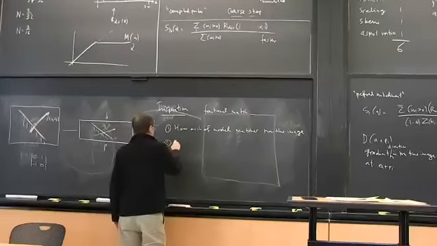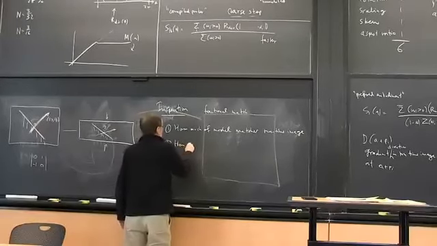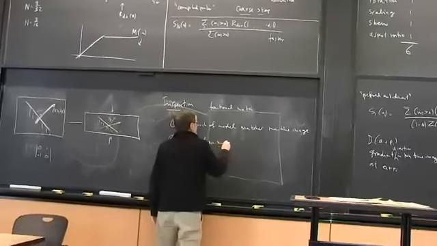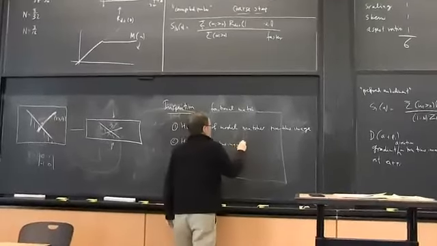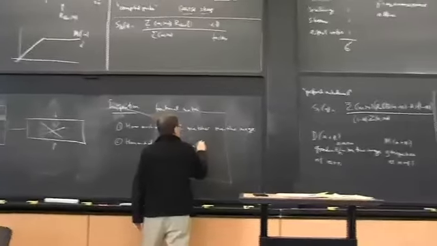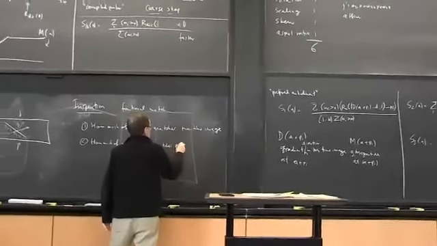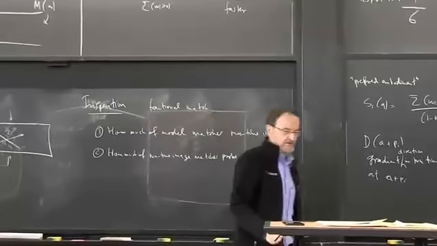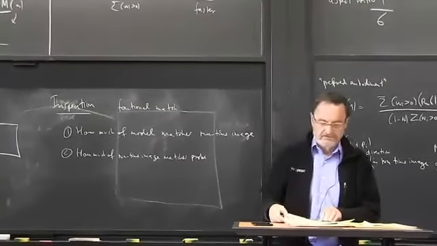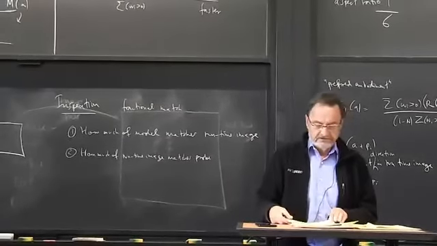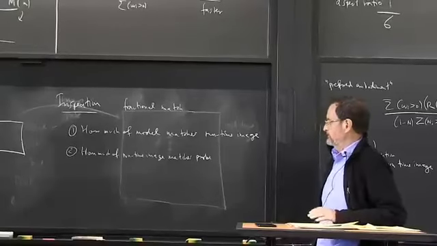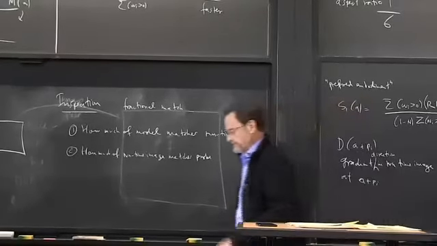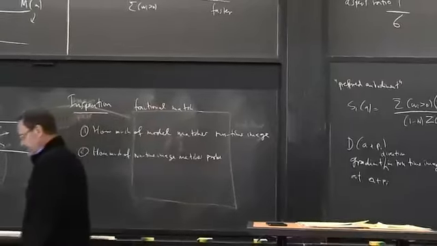The other one is we can look at the runtime image and see where it has edges, and then discover how many of those are actually matching something in the model.